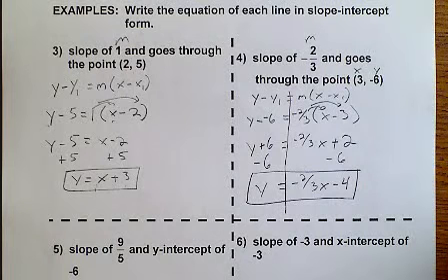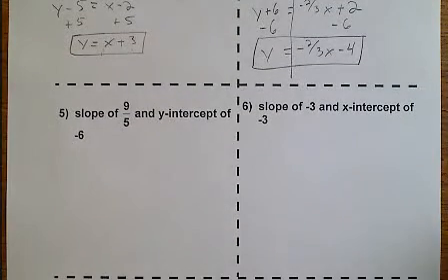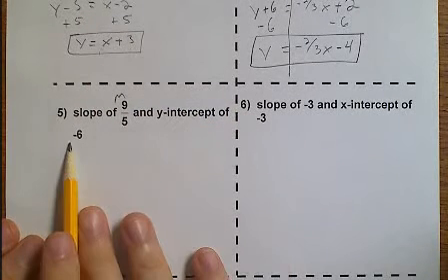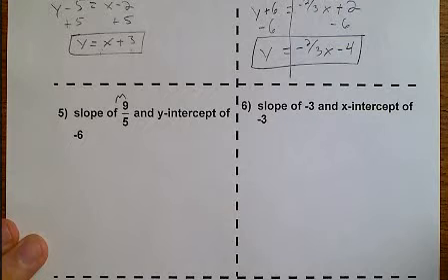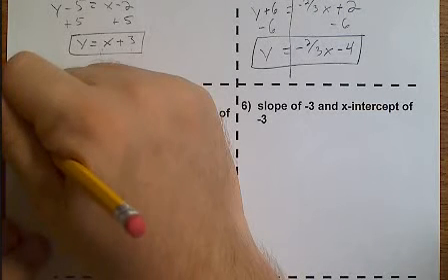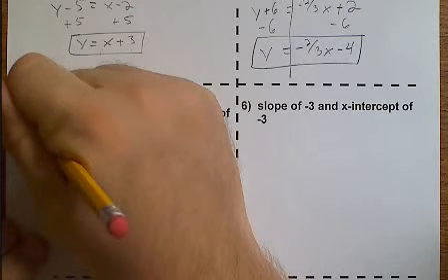All right, let's go ahead and continue moving on. We take a look at number 5. They give us our slope, and they tell us the y-intercept is negative 6. Well, hold on. B is the y-intercept.